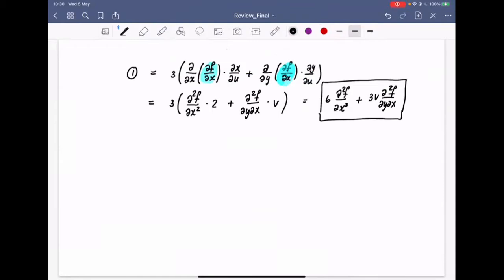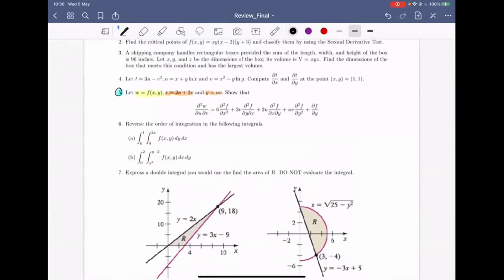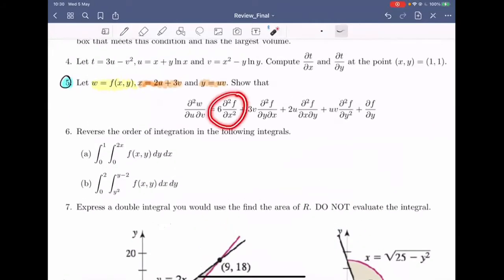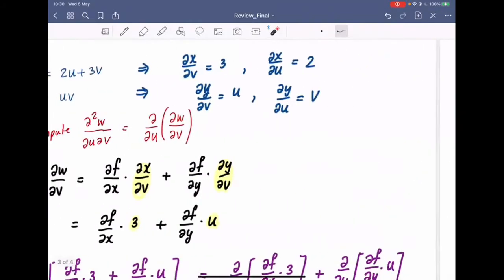So you can see that it matched with the form in the question. So far so good. You already have this term and this term. Sounds good. This is what I expect you to do to complete that one.